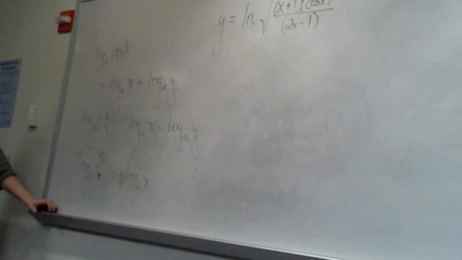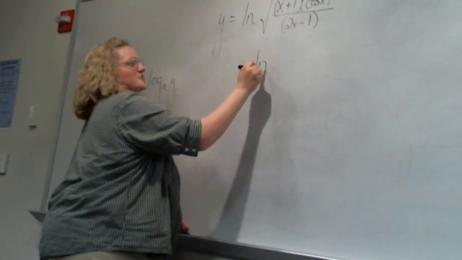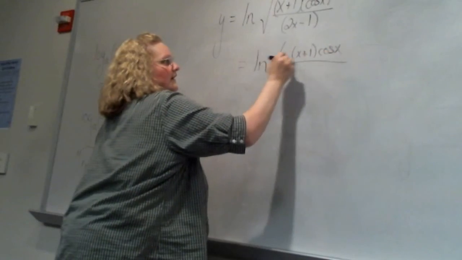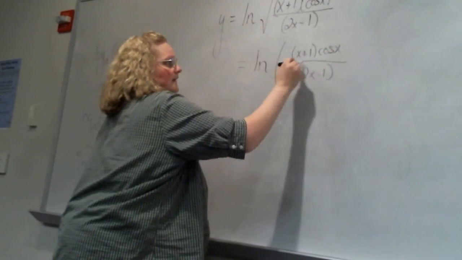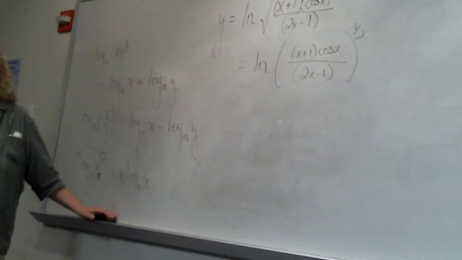Can this help me to take the derivative of this function in a much easier fashion? If so, how? First off, what's a root? It's a half power. So I can rewrite this as the natural log of this stuff to the half power, right?